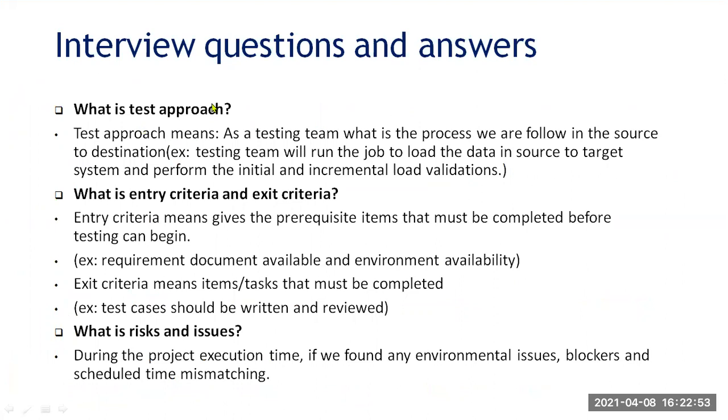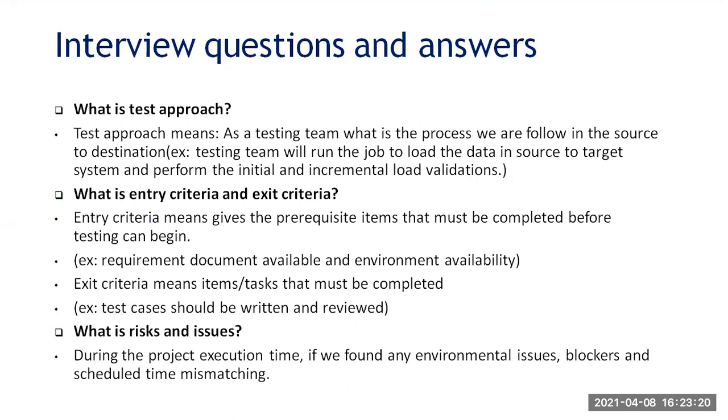Next one is what is test approach. Test approach means, as a testing team, what is the process we are following from source to destination. For example, the testing team will run the job to load the data from source to target system and perform the initial and incremental load validations. So this kind of testing approach we are performing.